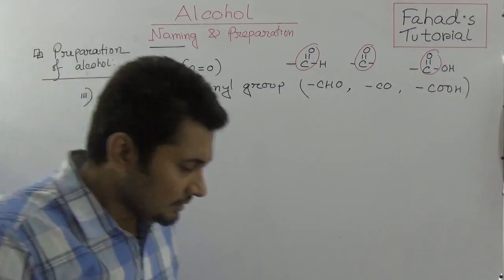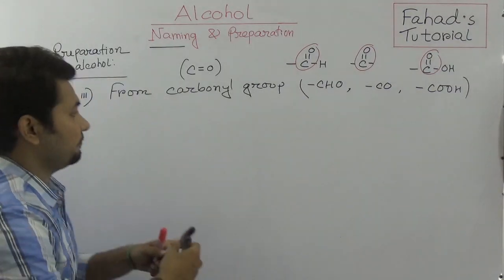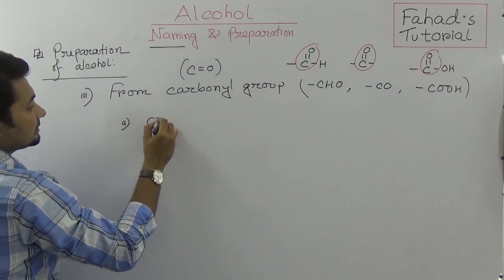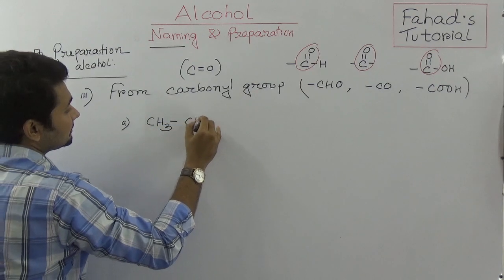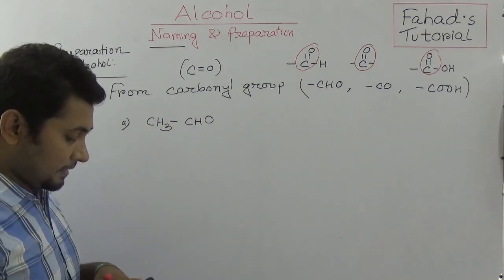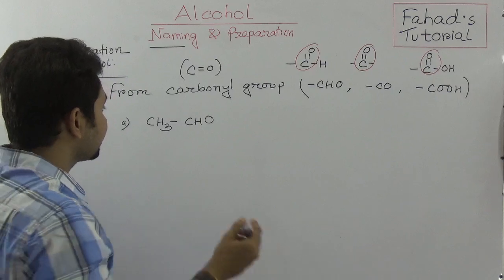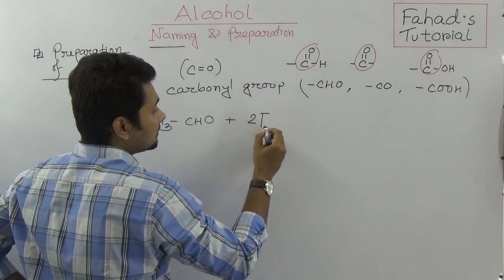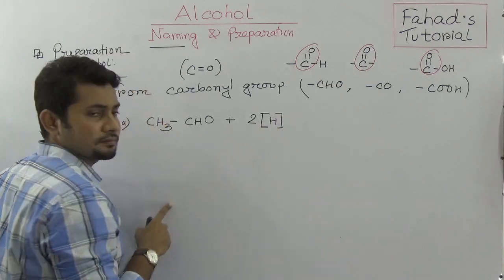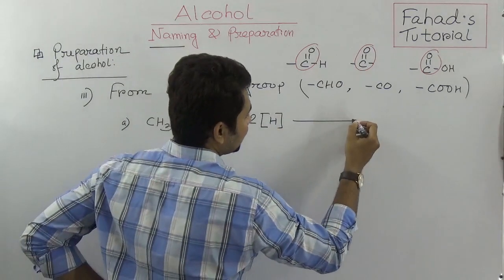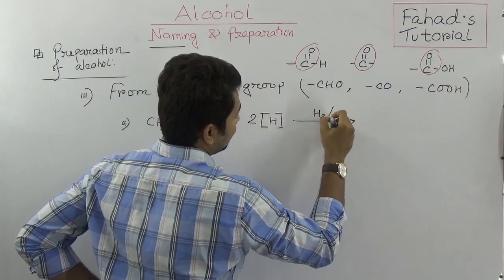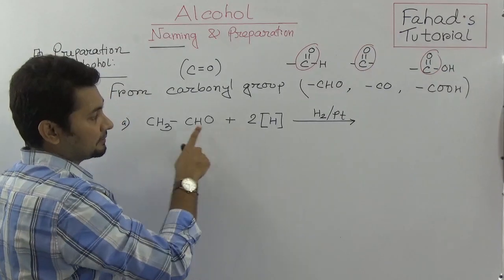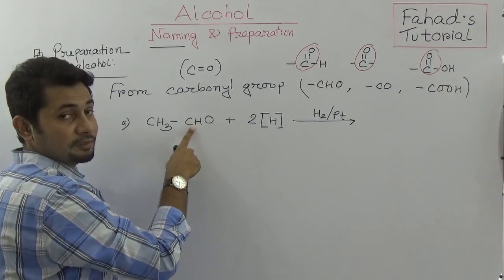How? Simply, in case of aldehyde, think about it. Suppose this is CH3CHO. This is aldehyde. With this aldehyde, it would be reduced by 2 nascent hydrogen, with the presence of hydrogen and platinum. Now you see what will happen. 2 hydrogen will be added here.